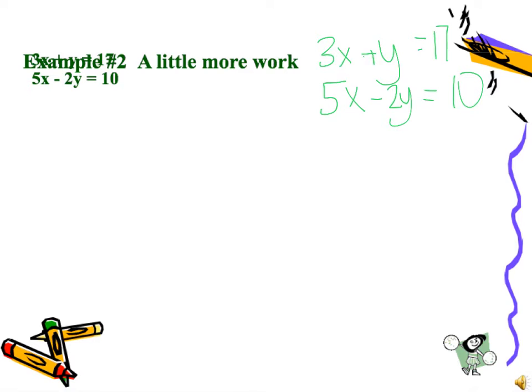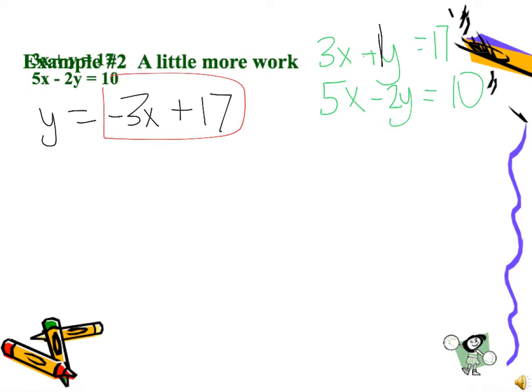So since I see that this y has a coefficient of 1, I'm going to solve for y in the first equation. So if I subtract 3x from both sides, I get y equals negative 3x plus 17.